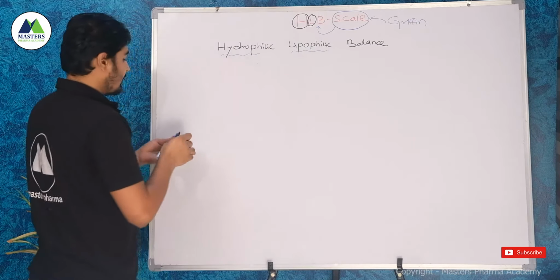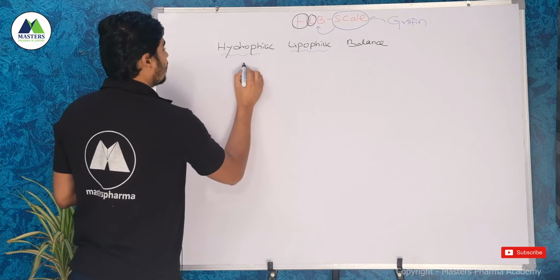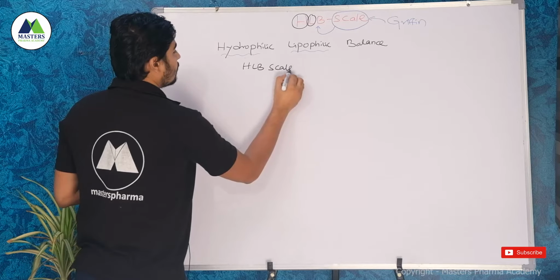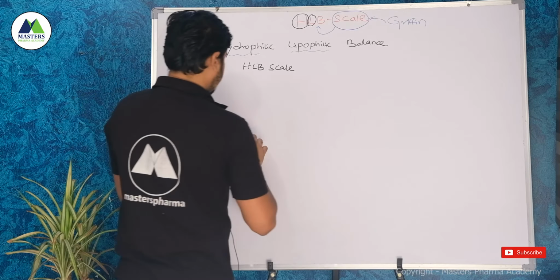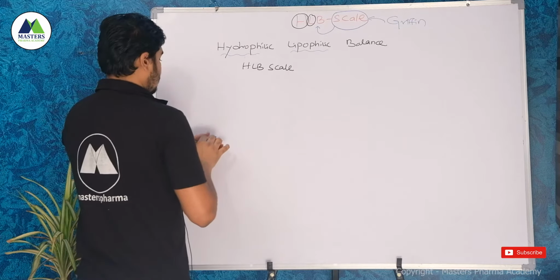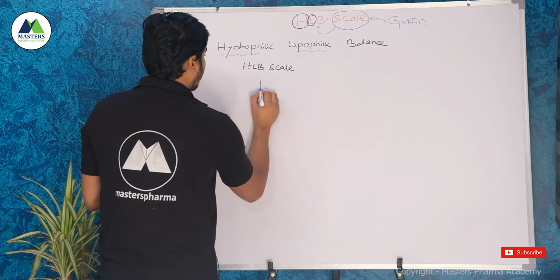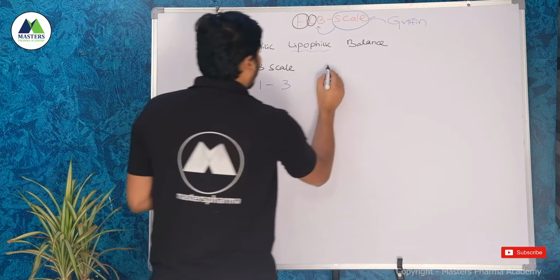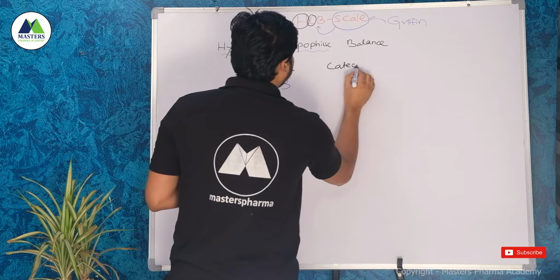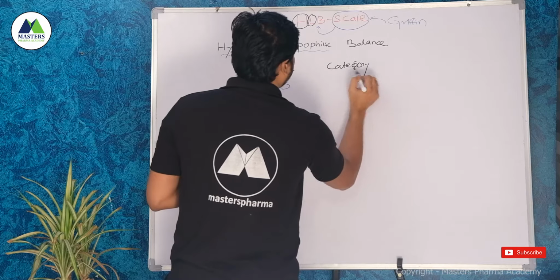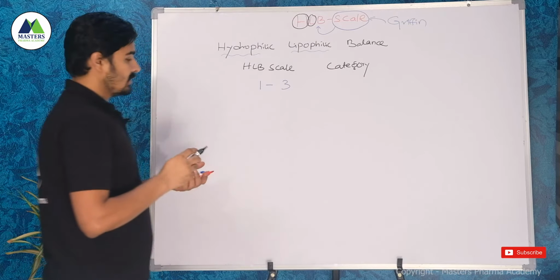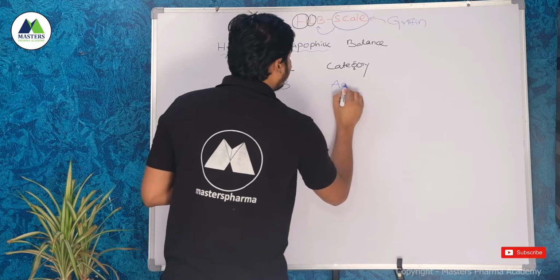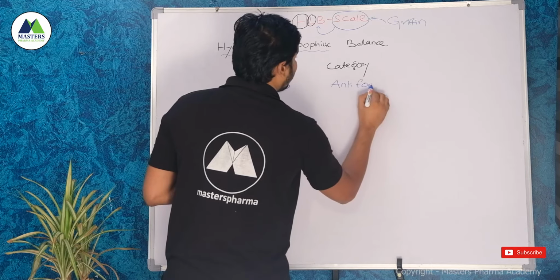So the HLB scale. If the HLB is 1 to 3, what is the category of the chemical? If HLB is 1 to 3, the category is anti-foaming agents.